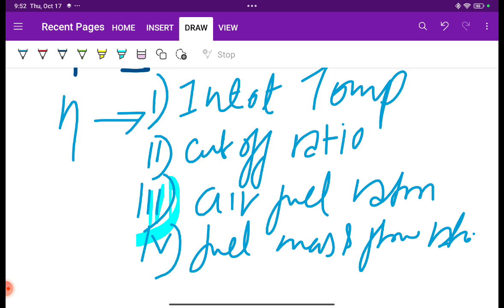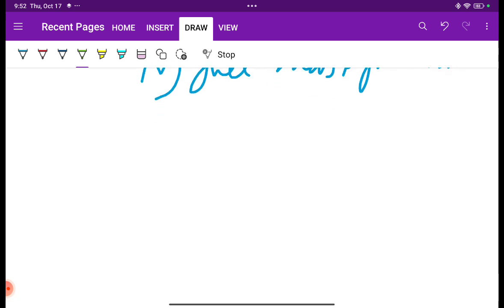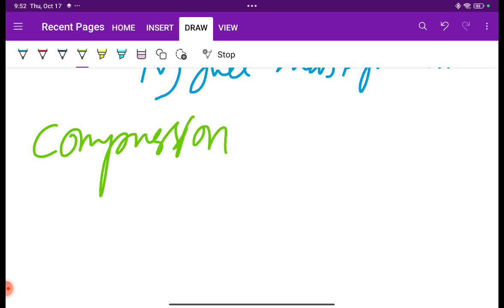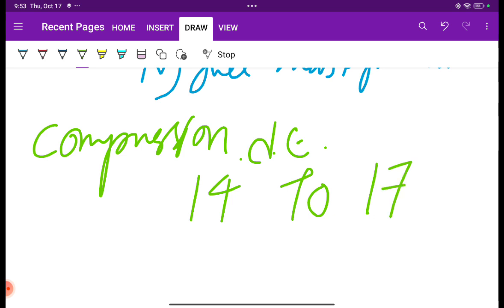And the air standard diesel cycle has a compression ratio between 14 to 17.